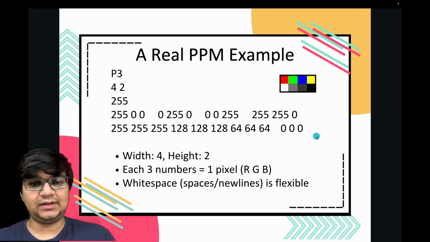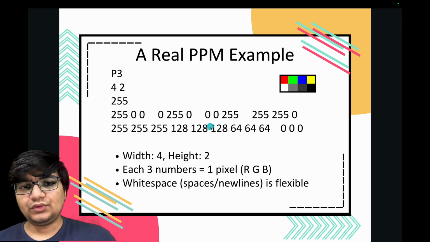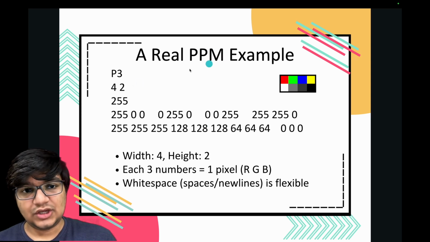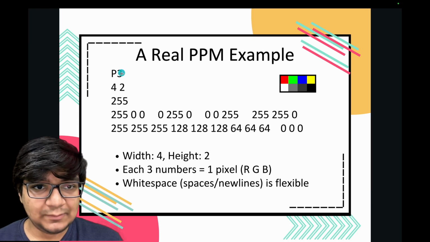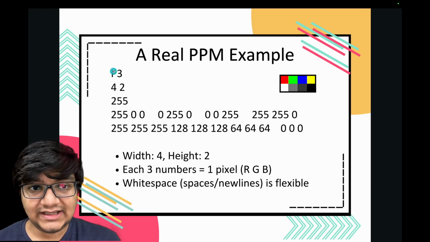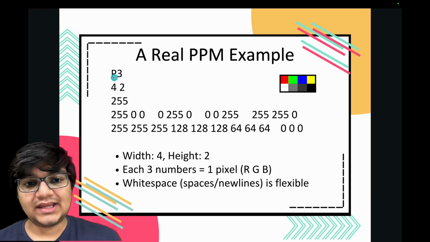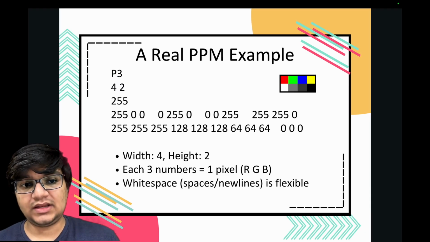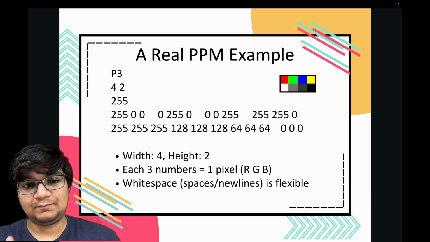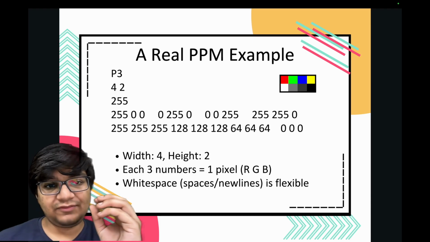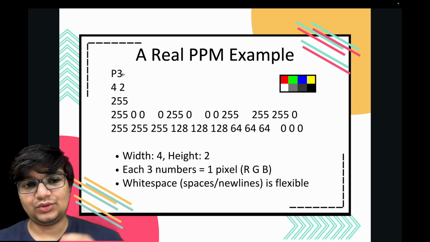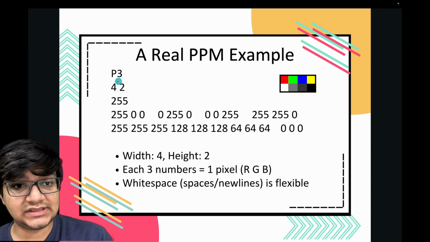Let me explain. If you open an ASCII readable PPM image file, you would see this P3 at the top. P3 tells that you can read the contents of the image file like text. But if it is P6, you won't be able to read it because that's binary. Computers can read it, not humans.